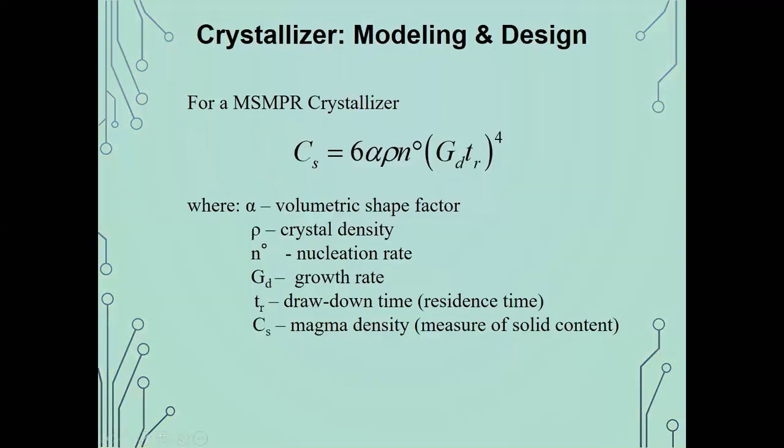Now, speaking of the mixed suspension, this is the MSMPR type of crystallizer, mixed suspension, mixed product removal type of crystallizer. And this particular formula is applicable to the last group of crystallizers I've just discussed.